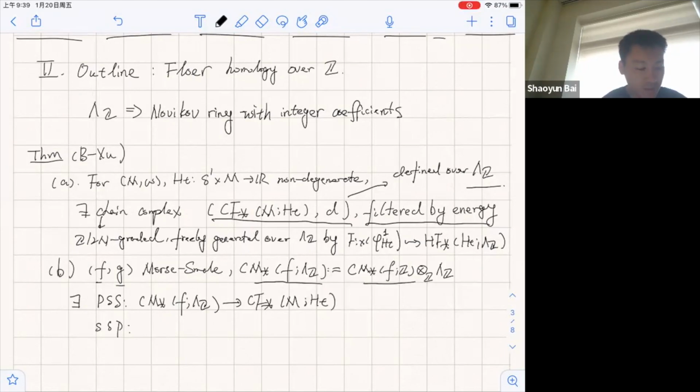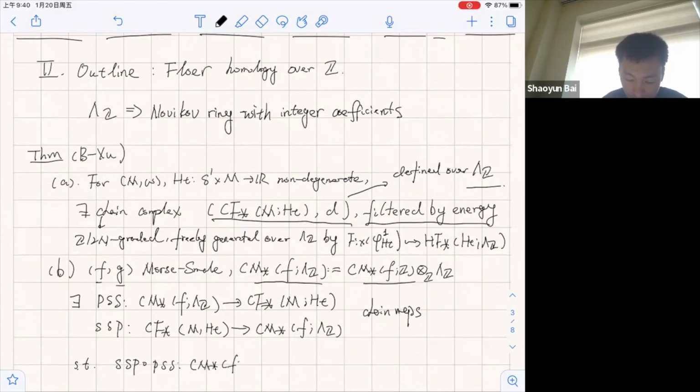I just reverse the order of the letters and call it SSP. So there are chain maps such that if I consider one side of the composition, which means that it goes from the Morse chain complex to itself.